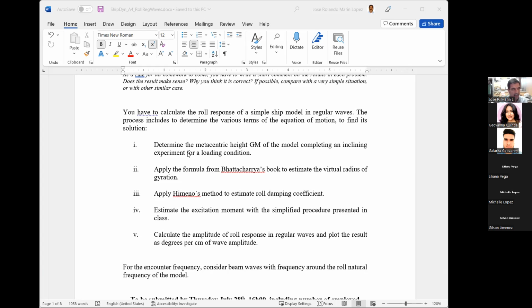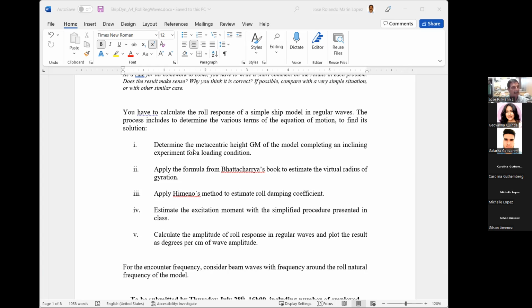What value? 0.55. Of what? I don't remember. Maybe 0.3 by beam.